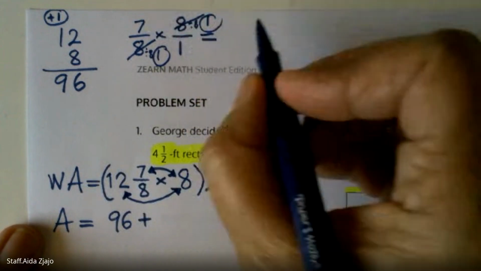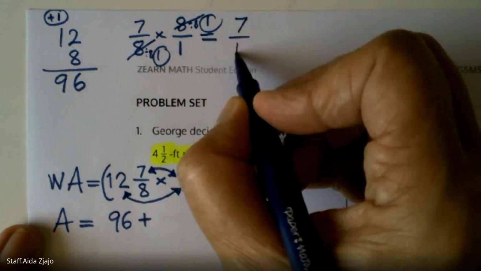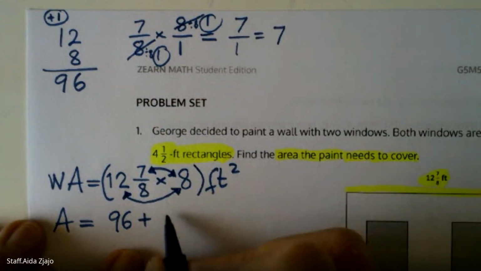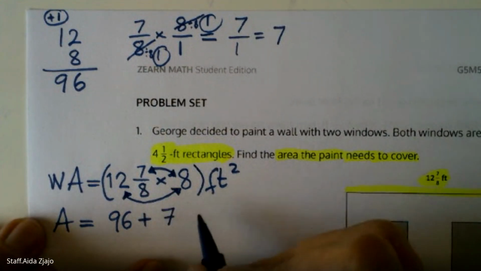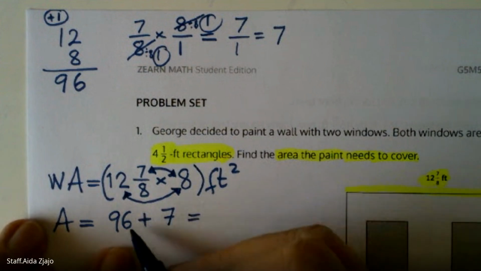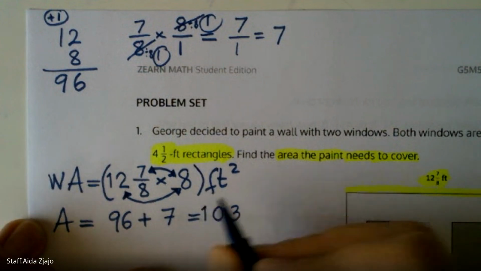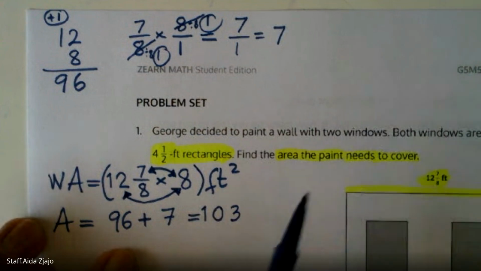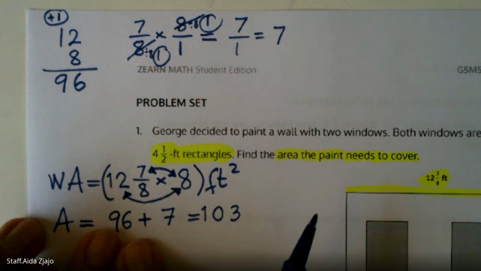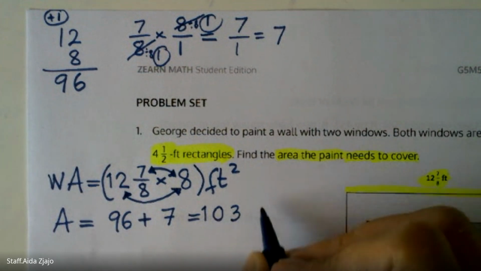So 7 times 1 is 7, and 1 times 1 is 1. So 8 times 7/8 is 7 square feet. Altogether, 96 plus 7 is 103.